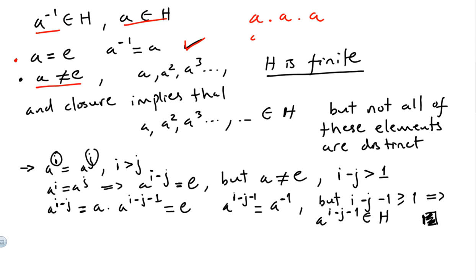After this operation we'll be getting a squared, then a to the power of 3, etc. But as I said, this can't go on because H is finite, right? H is finite. This can't go on and on. It will stop somewhere.